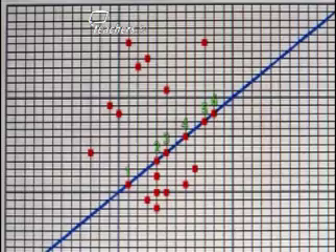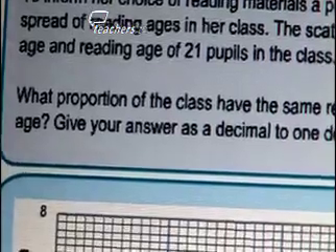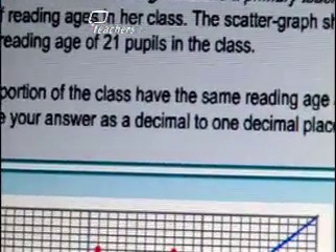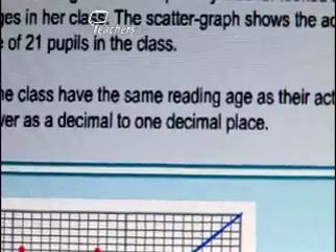So there we have it. There are 6 pupils who have the same actual age as reading age, and there are 21 pupils in the class. So for the proportion, we have to calculate 6 out of 21. But the question says, give your answer as a decimal to 1 decimal place. That means the 6 out of 21 has to be calculated as a decimal.